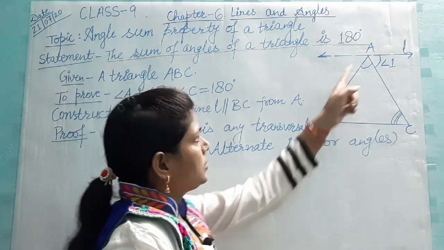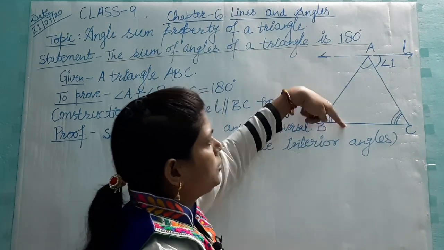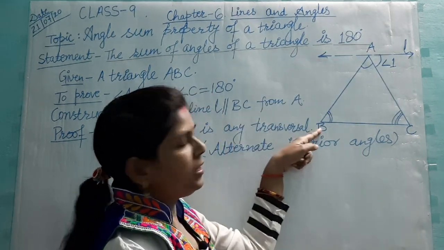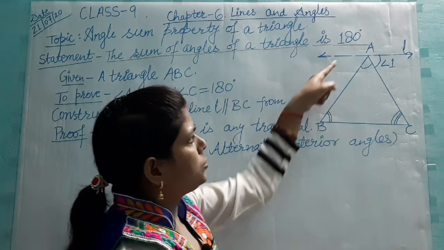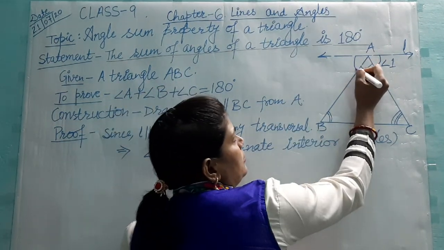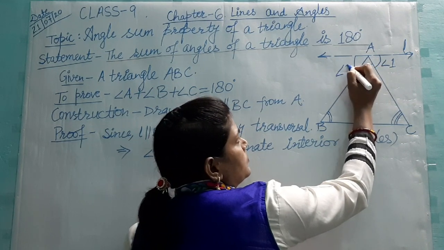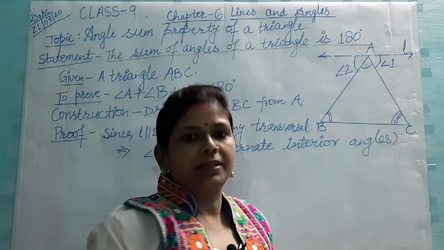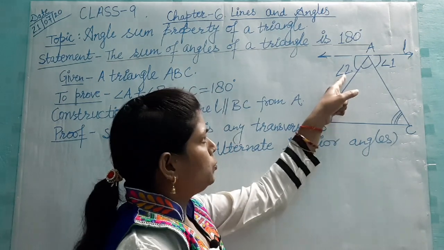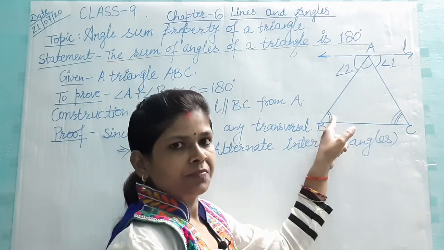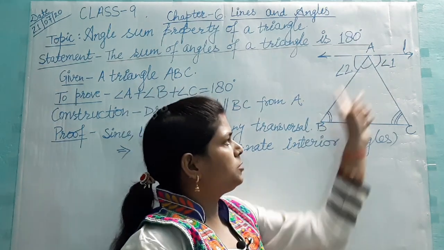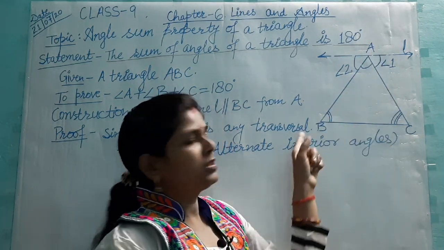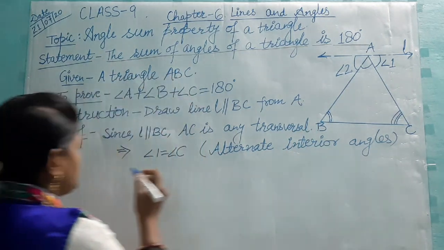Similarly, here L is parallel to BC and AB is a transversal. Therefore, if we name this angle as 2, then angle 2 is equal to angle B. This is also alternate interior angles because L is parallel to BC and AB is a transversal.